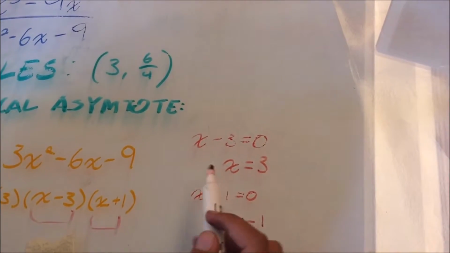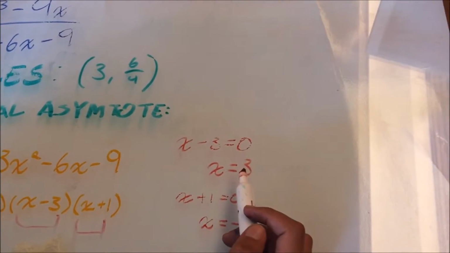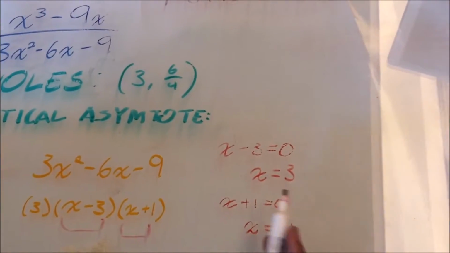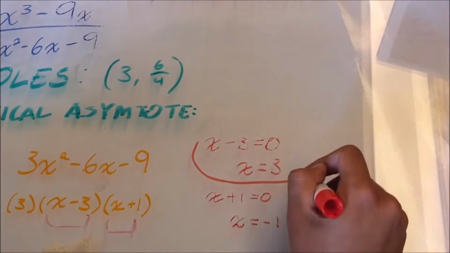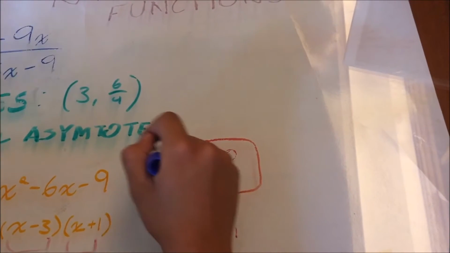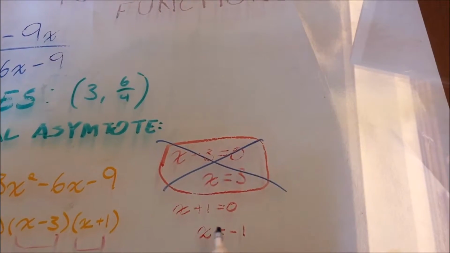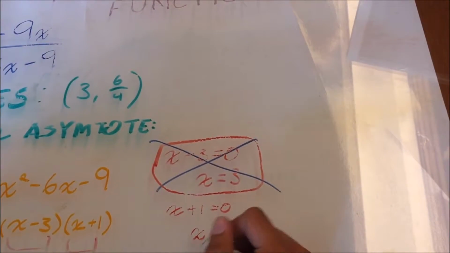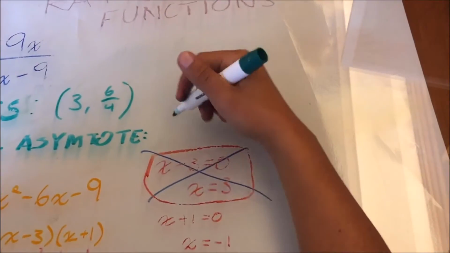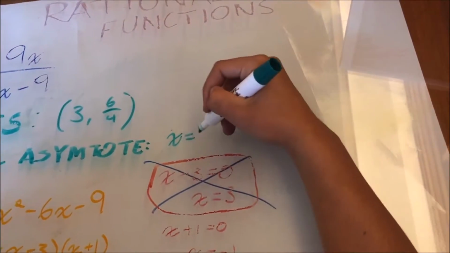We got that there's an asymptote at x equals 3, but we know that there's a hole at (3, 6/4). So in reality, this solution is not an asymptote. It's just a hole. So we only get one vertical asymptote, at x equals minus 1.